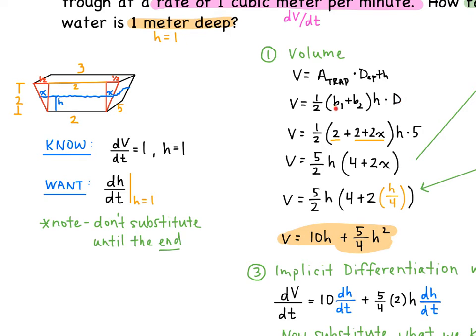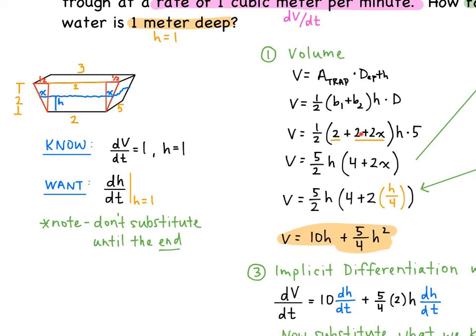Okay, so let's go ahead and plug in. What is base 1? Well, base 1 is this 2 right here. And what is base 2? Well, base 2 is this piece here, because we're talking about the height of the water. If we label this portion X and this portion X, we know that inside here will always be 2.